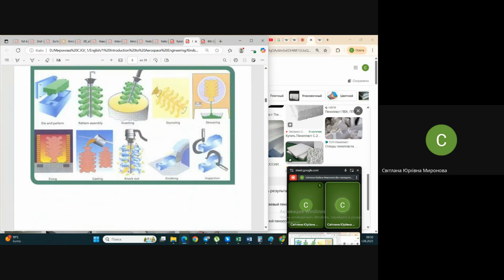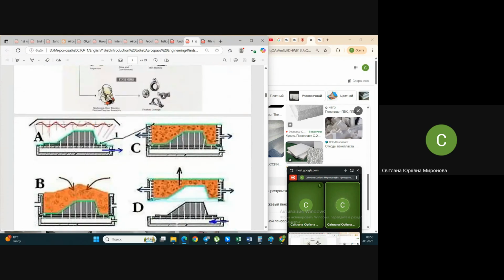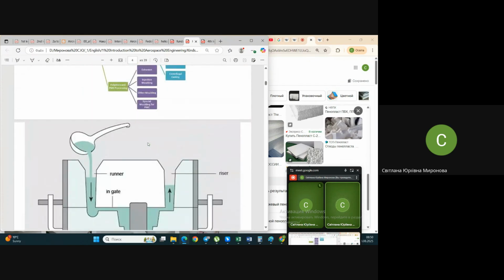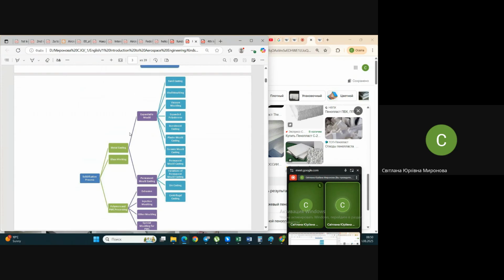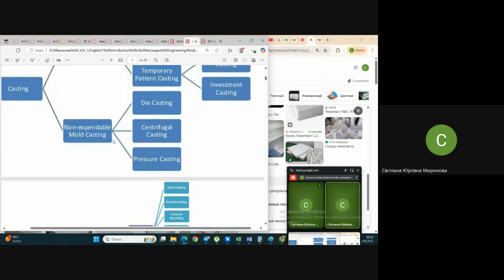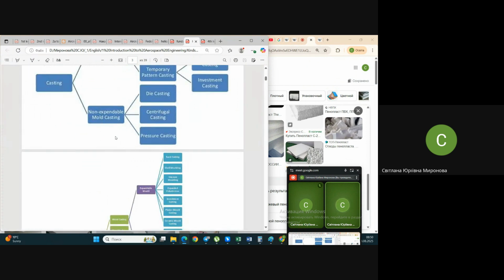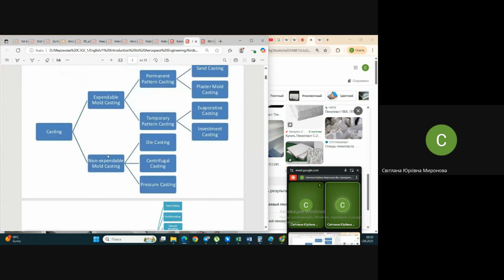One more group is called die casting. Look at this. It's the so-called permanent pattern and non-expendable, non-destroyable casting mold. What is it? Die casting. In our language, it has a very weird name, kokil, such dies.